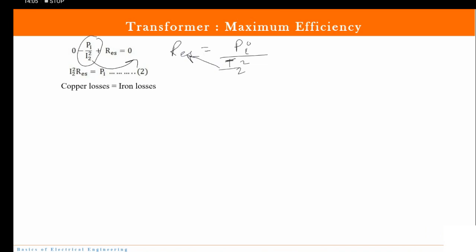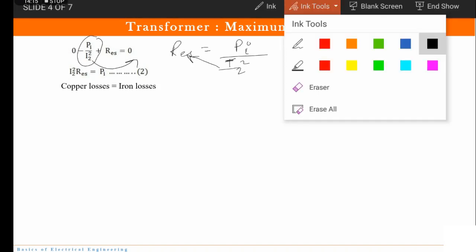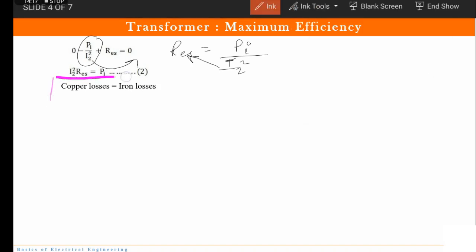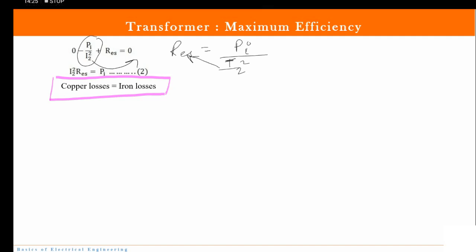What is this I square R? This is nothing but copper loss. What was Pi? It was iron loss, right? So what is the condition? Condition says that you will get the maximum efficiency when copper loss is equal to iron loss. This is the condition.